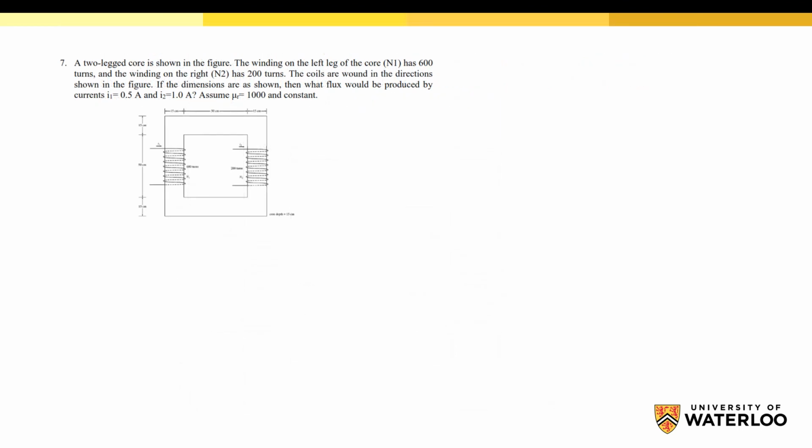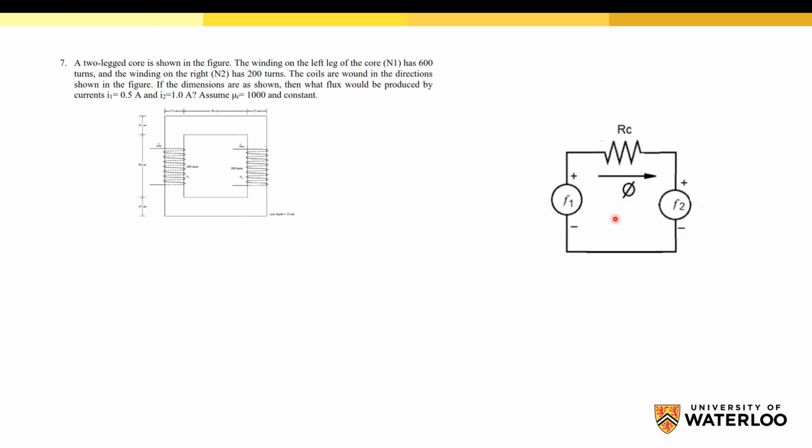So again, in order to solve this circuit, we need to draw the equivalent circuit. In this question, we have two coils and one core, so the equivalent circuit will be exactly like the equivalent circuit for question number 6. We will have two sources and one reluctance. For each source, you can calculate the magnetomotive force by multiplying the number of turns and the current, which is given for each source.